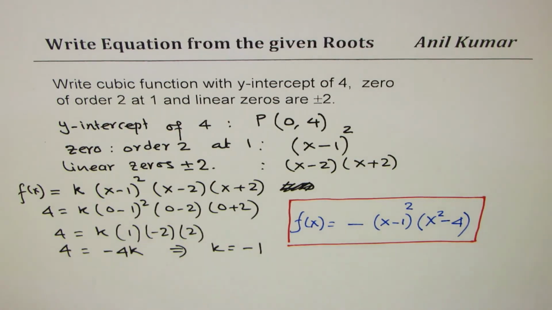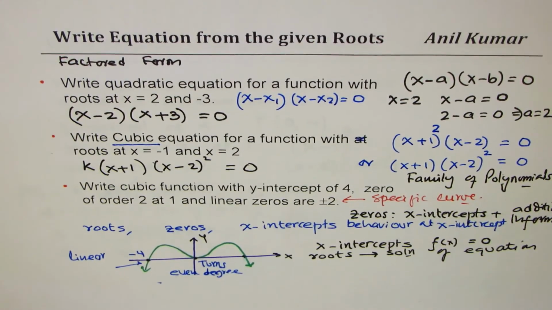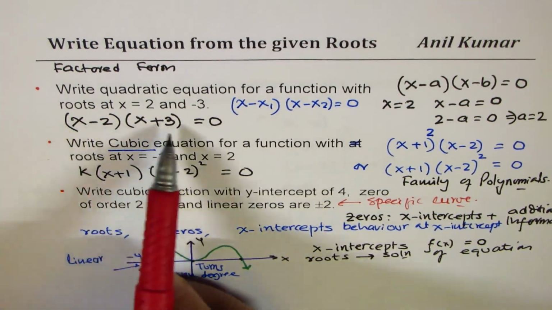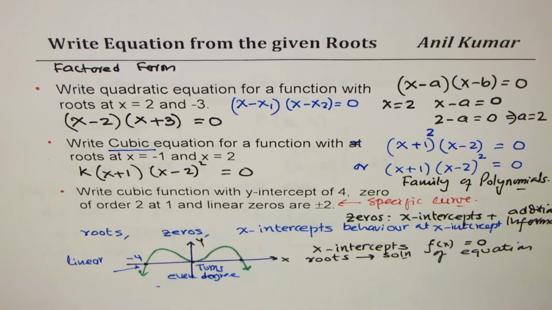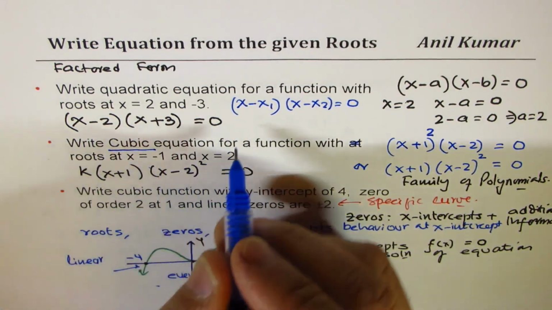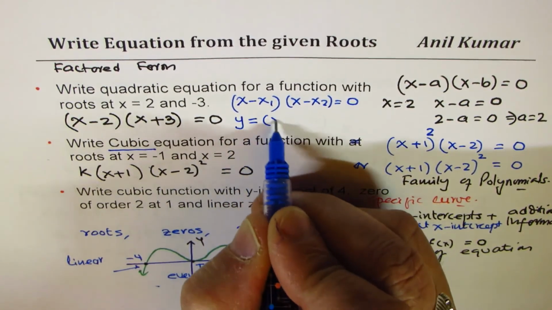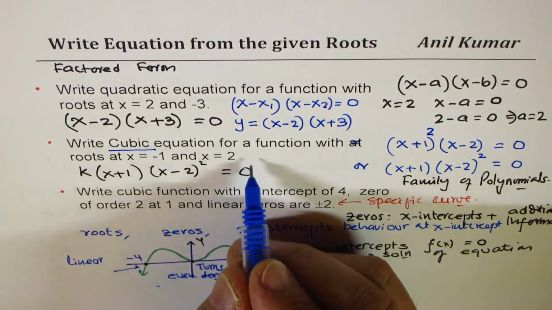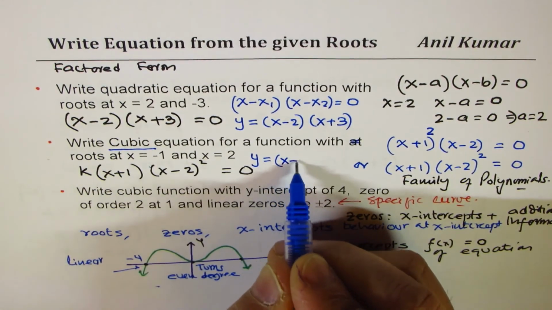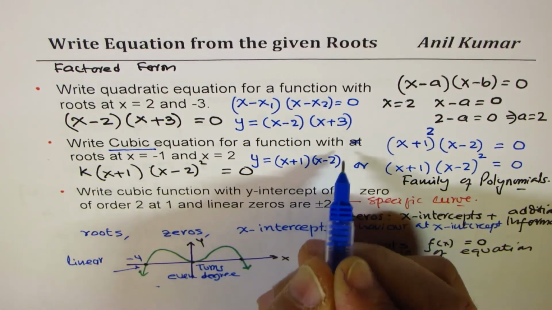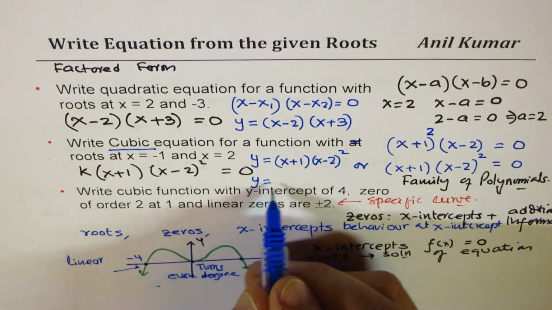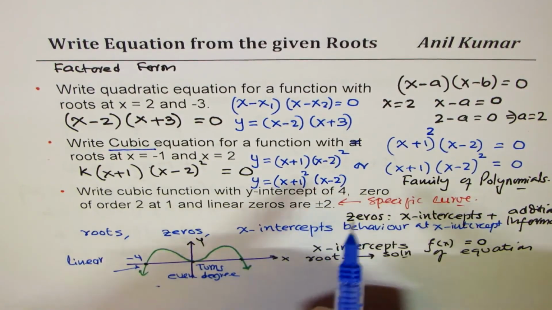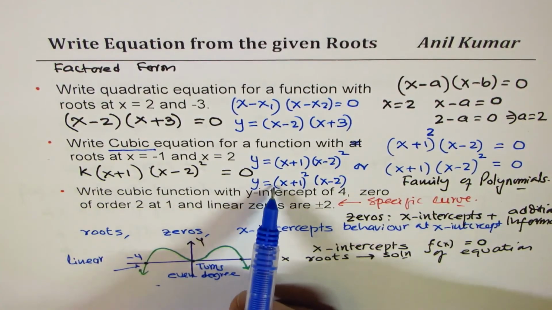So now let's look back into all these questions once again. Now when we say write a quadratic equation, I should have written here the quadratic equation as, let me rewrite, as y equals x minus 2 times x plus 3. In this case, my equation should have been y equals x plus 1 times x minus 2 whole square, or y equals x plus 1 whole square times x minus 2, or we could write any factor here.